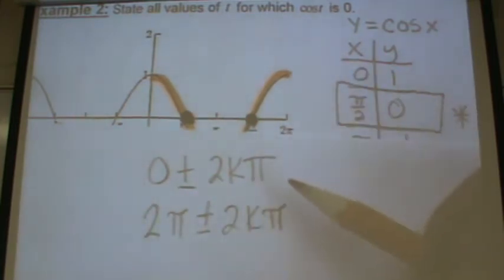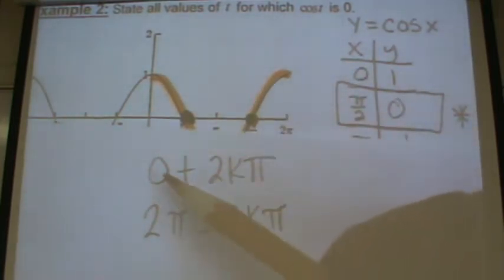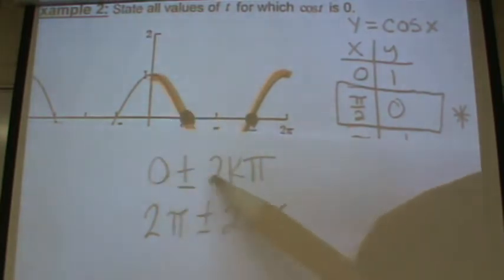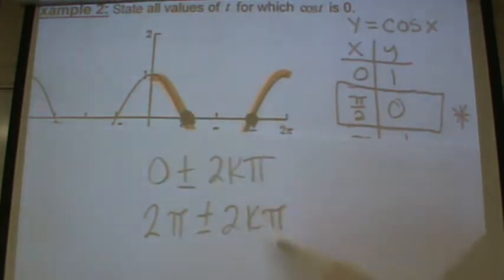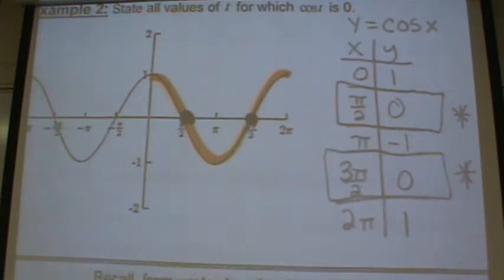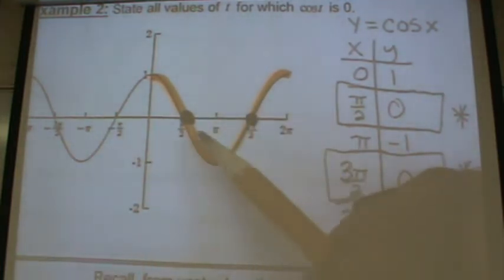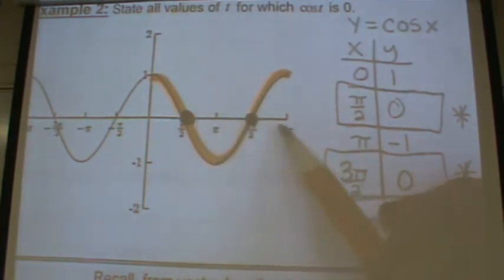Now, this is repeating itself. If you took 0 and added 2 pi, you'd be here. So for this one, common sense, you don't have to write both of them because you're picking up these answers. But for this one, if you just wrote pi over 2 plus or minus 2k pi, your next answer is going to be here, and you're going to miss this answer.